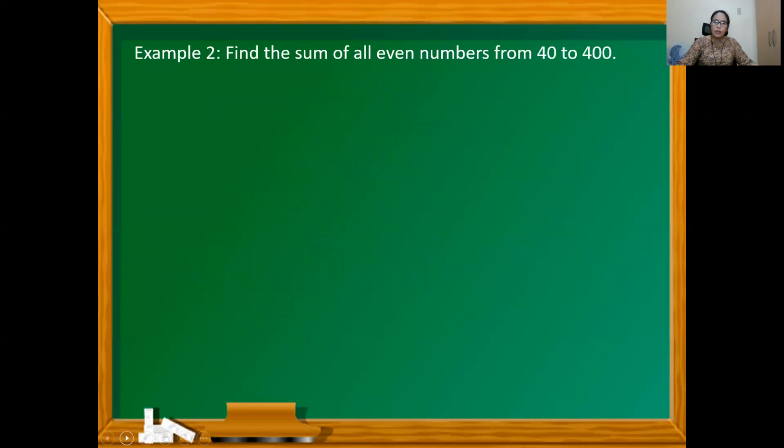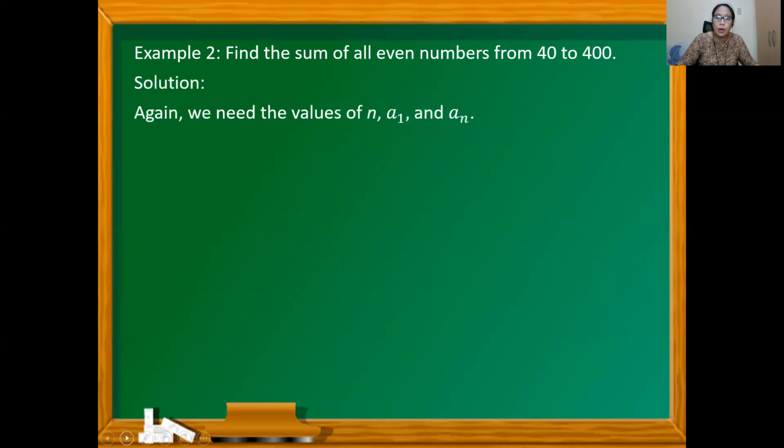The second example is finding the sum of all even numbers from 40 to 400. Again, we need to work on the values of n, a sub 1, and a sub n. Each value must be an even number. Since 40 and 400 are even, a sub 1 is 40 while a sub n is 400.